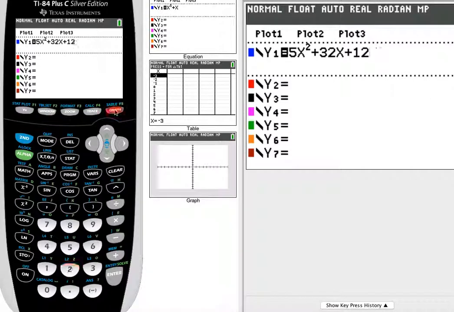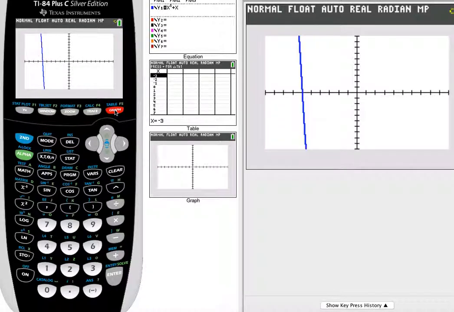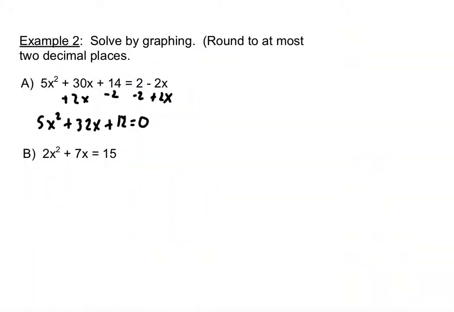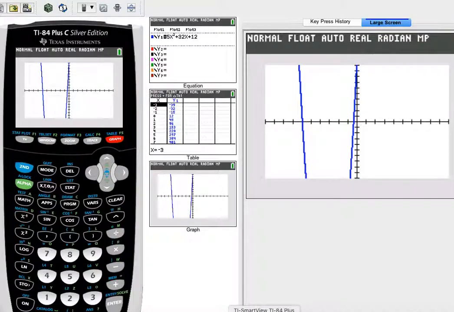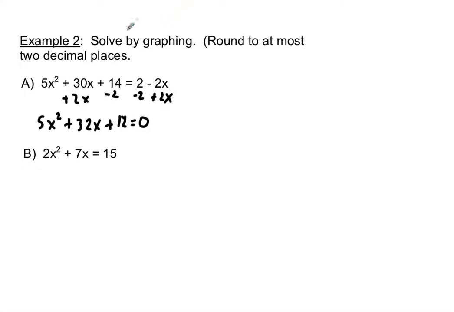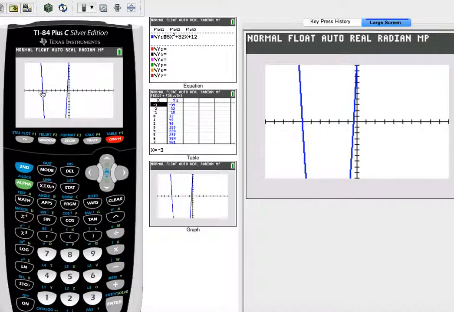And basically what we're trying to figure out is the x-intercepts. So where does it hit the x-axis?